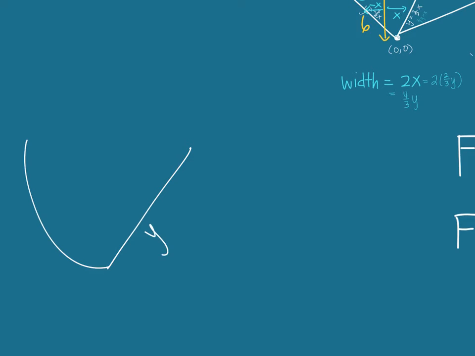All right, let's make it easy. Let's say that that's 2x, and let's say that this is x squared. If you want to find the width across for this, if that's x1, then this would be 2 times x1.